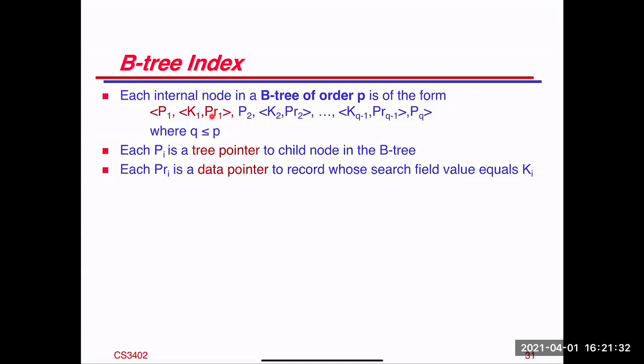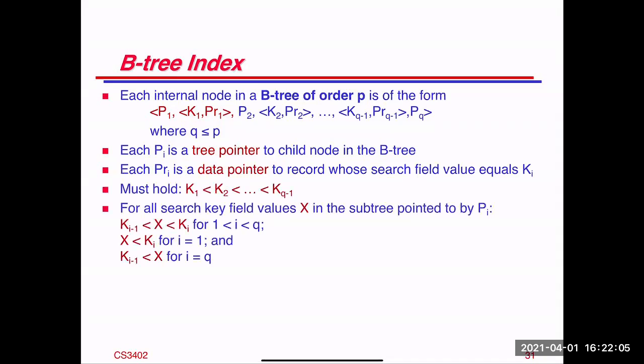And what data records does this point to? Well, those that have a search field value of K1, right? K1 is some search field value. Maybe it's some integer, maybe it's 20 or something. And after that, I have another tree pointer. This is followed by another pair consisting of a search key value and a data pointer, and so on, until at the very end, I also have another tree pointer.